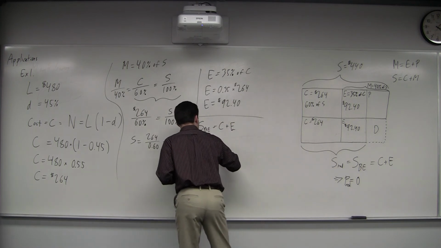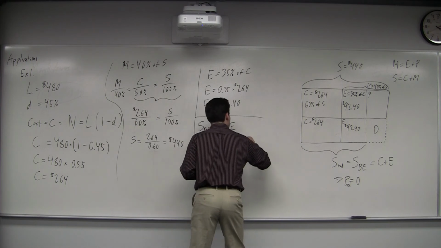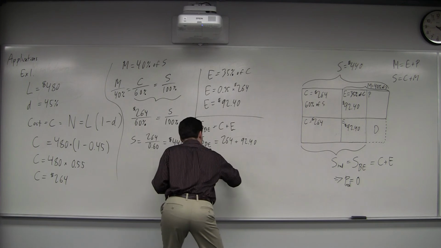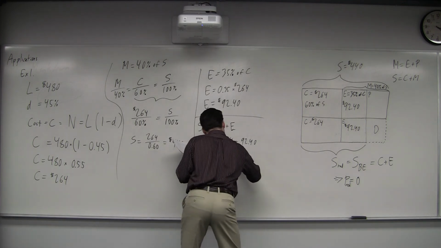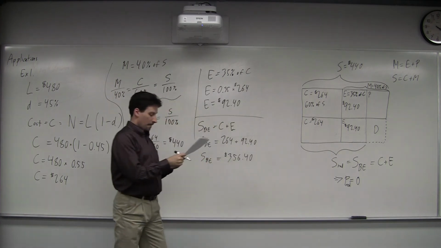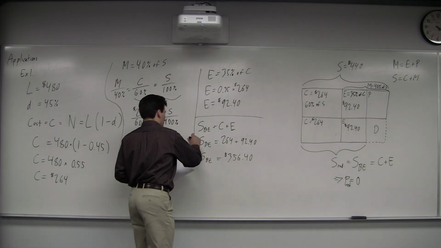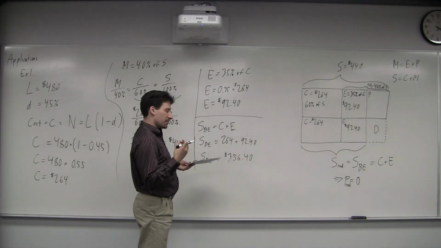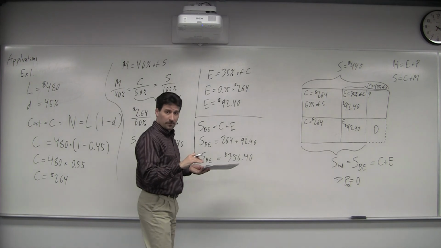So that break-even price is going to be $264 plus $92.40. So the break-even price is $356.40. That is a sale price, but it's a special sale price where we, like I say, are making exactly $0 profit.